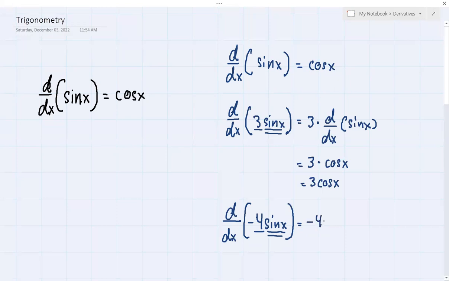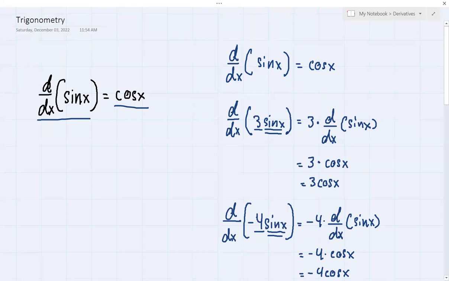So, we will have negative 4 times the derivative of sin x. So, ang derivative ng sin x ay cosine x. So, therefore, your answer is negative 4 times cosine x. O, diba? So, yeah, basically, yan lang yung derivative ng sin x. The derivative of sin x is cosine x. Okay? That's easy.